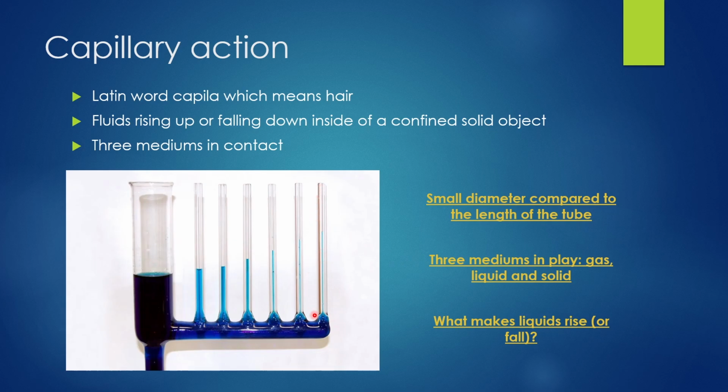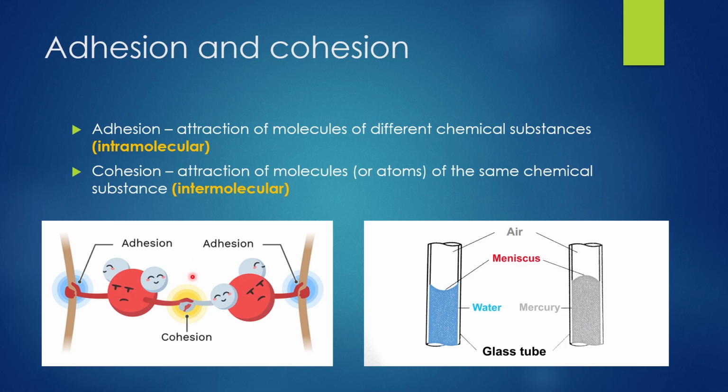What is behind this falling down or rising up of the fluid? Now, in this case, we have a liquid that rises to the top. Well, the forces of adhesion and cohesion are responsible for this. Simply put, adhesion is the attraction of molecules of different chemical substances.